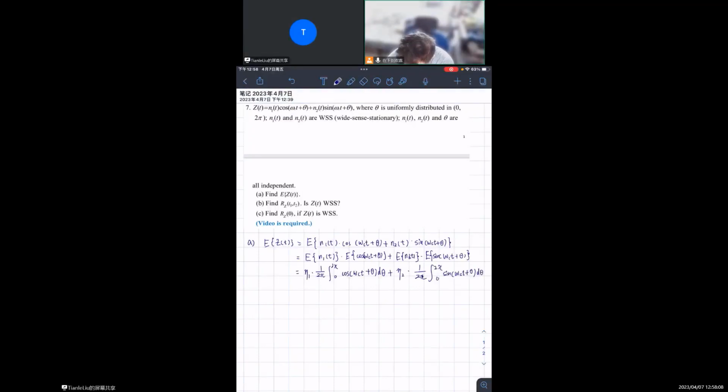So for this problem, we know that the range of the integral is 0 to 2 pi, which is a full period of cosine or sine.